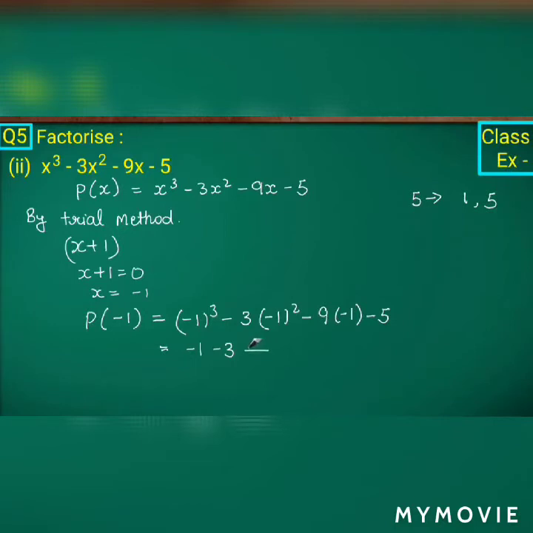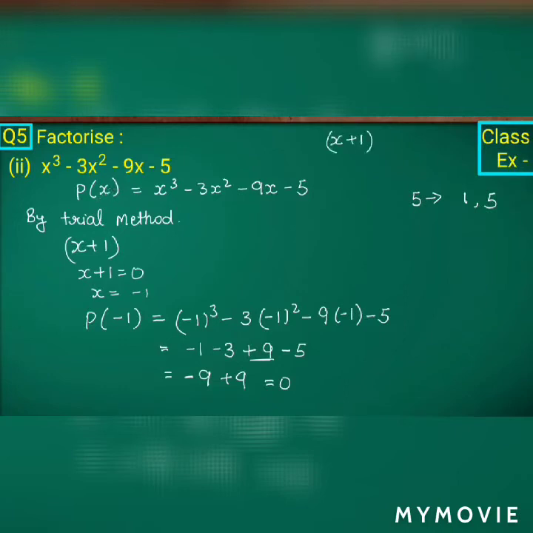Plus 1. So minus 3 into plus 1 is minus 3. Minus 9 into minus 1 is plus 9, isn't it? Minus 5. So minus 1 minus 3 minus 5 is becoming minus 9, and then plus 9. So minus 9 plus 9, both are getting cancelled and we are getting 0, isn't it?